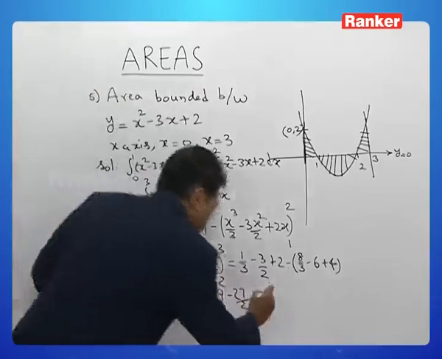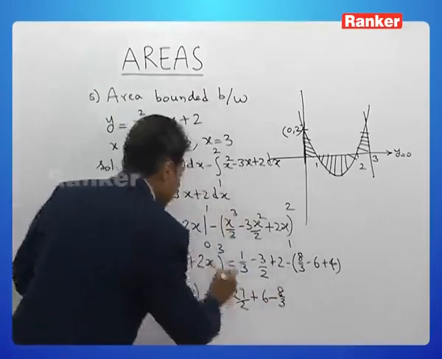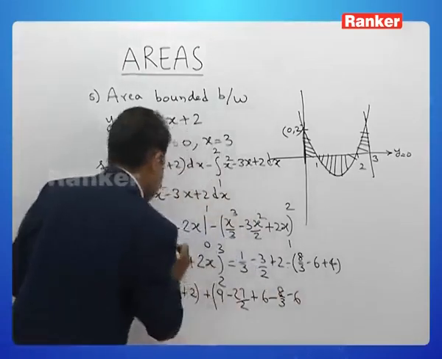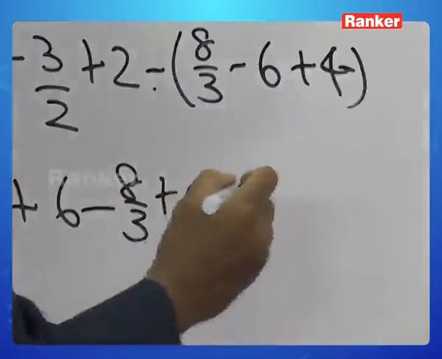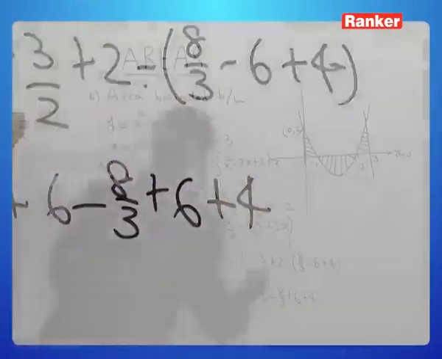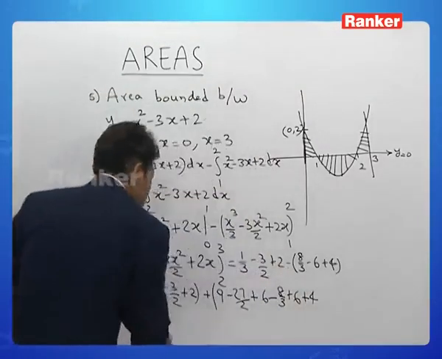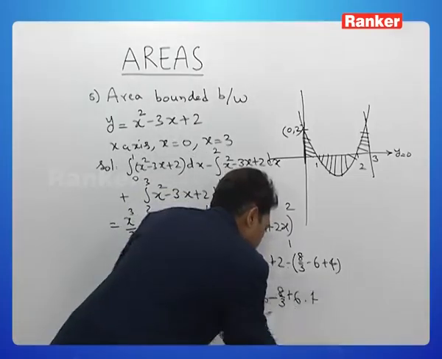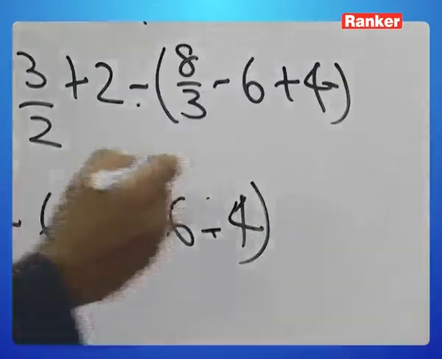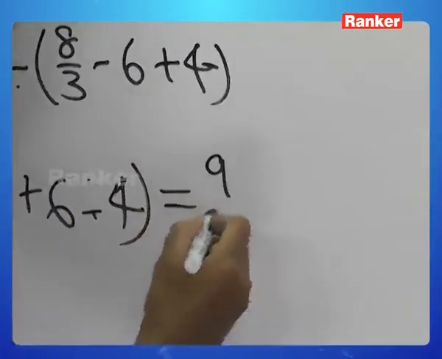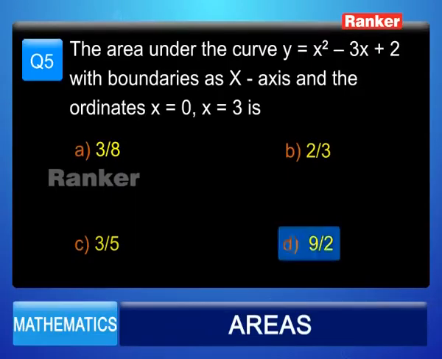When you subtract 2 cube by 3 and 2 square by 2, next, 2 into 2. When you substitute lower limit, this is the last one. So, if you simplify this, you get final answer 9 by 2. So, right answer is D.